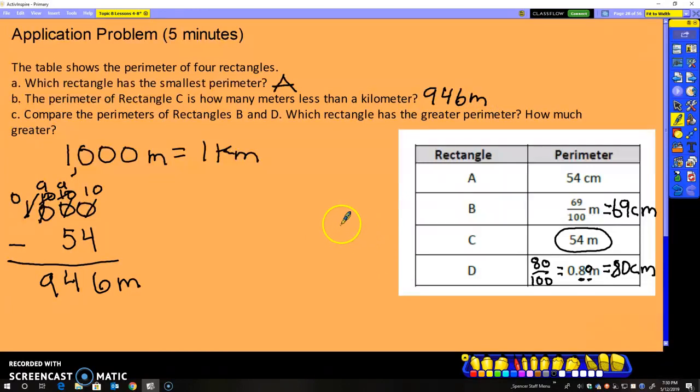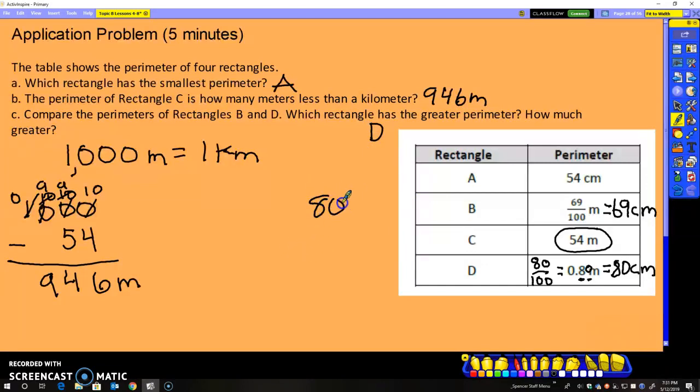Alright, question C is asking us to compare the perimeters of rectangle B and D. So the 69 centimeters that we got and this 80 centimeters that we have. We know that rectangle D is the one with the greater perimeter, and they want to know how much greater.